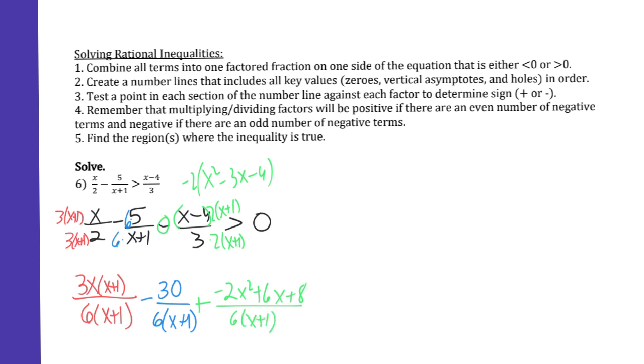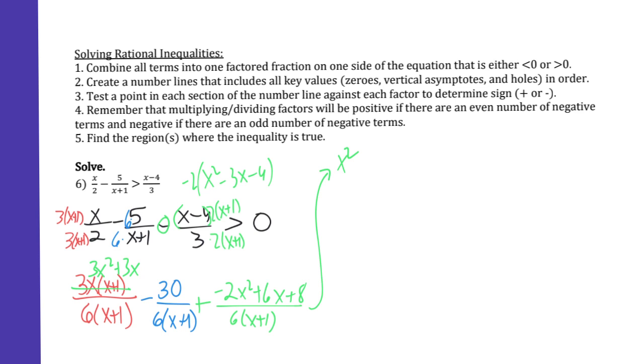This is going to be 3x squared plus 3x. How you add and subtract fractions is you get a common denominator, and then you add and subtract the numerators to get multiple terms. So we're going to bring these all up here. Combining like terms, we're going to get x squared, 3x and 6x is 9x.